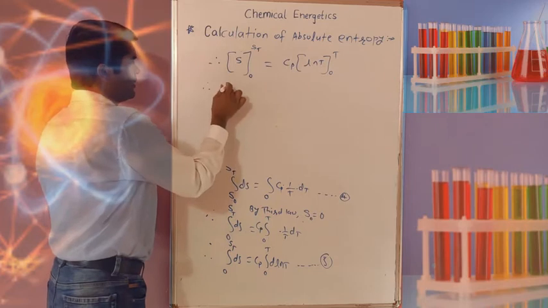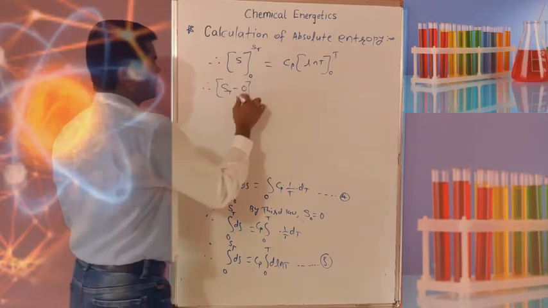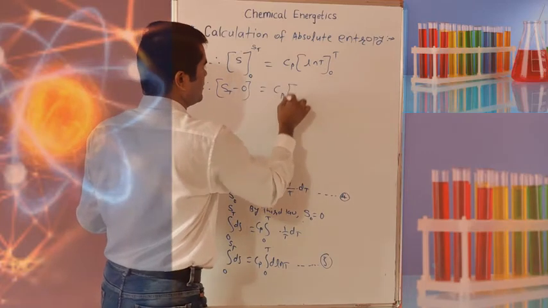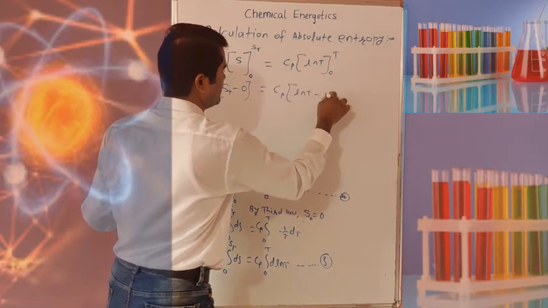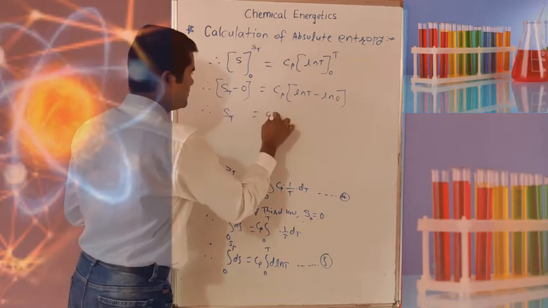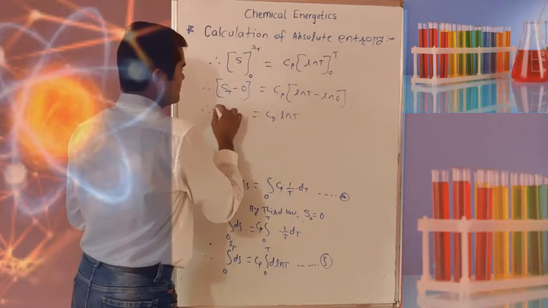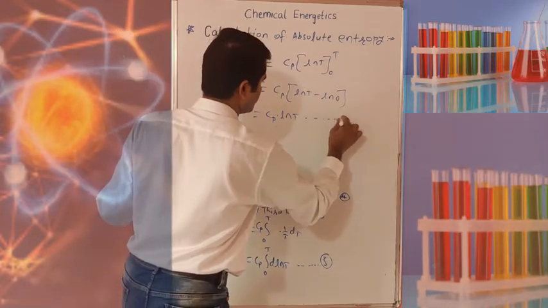Upper limit minus lower limit gives ST minus 0, and Cp into ln T minus ln 0. Therefore we get ST is equal to Cp into ln T. This is equation number 6.